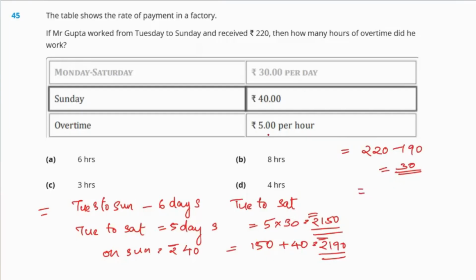The overtime rate is 5 rupees per hour. To find out how many hours of overtime he worked, we divide the earning from overtime, 30 rupees, by the rate per hour, 5 rupees, which is equal to 6. So he worked 6 hours overtime. Okay. So the correct option is option A, 6 hours.